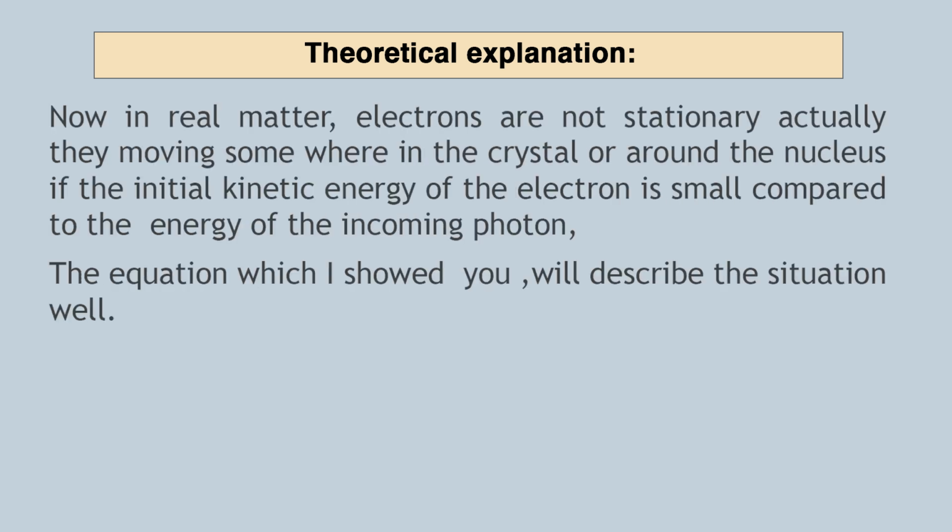Now in real matter, electrons are not stationary. Actually, they are moving somewhere in the crystal or around the nucleus. If the initial kinetic energy of the electron is small compared to the energy of the incoming photon, the equation which I showed you will describe the situation well.